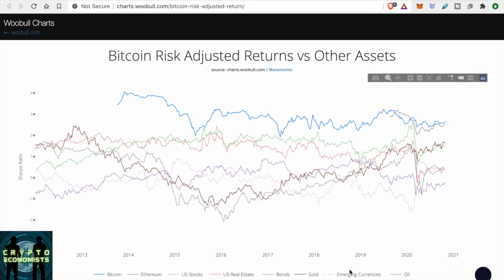As you can see in the chart, they measure Bitcoin versus the other assets which they have here: Ethereum, US stocks, US real estate, bonds, gold, emerging currencies, and oil. So highly recommend this site. It's a great tool so that you guys can make Bitcoin investment decisions.